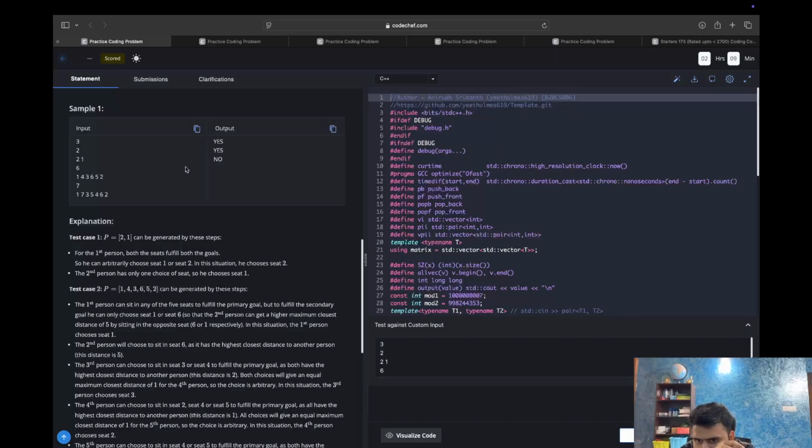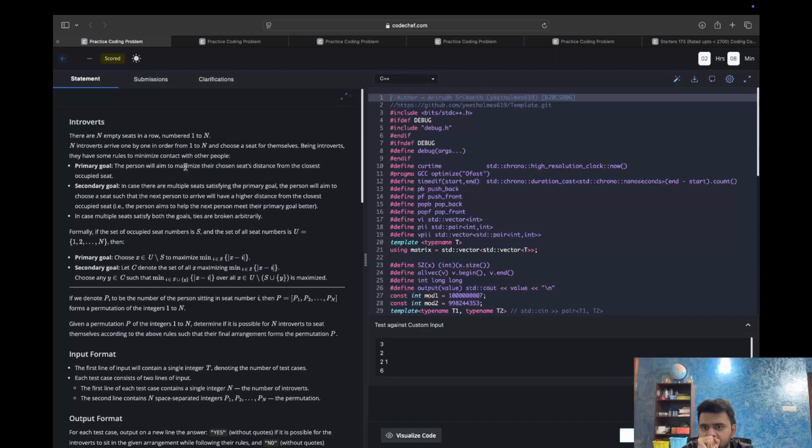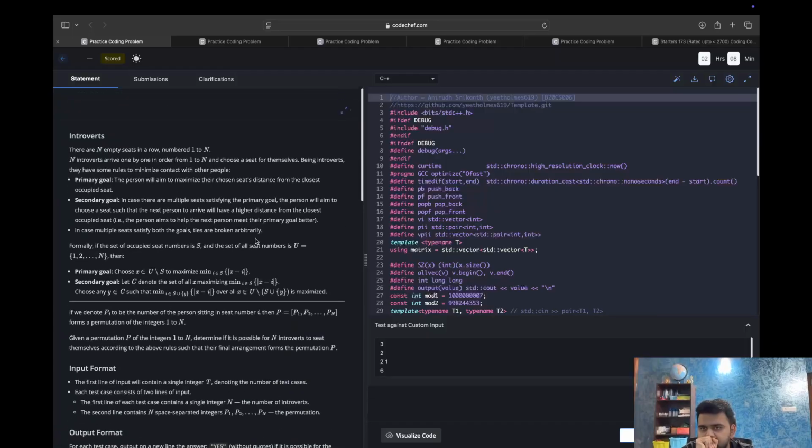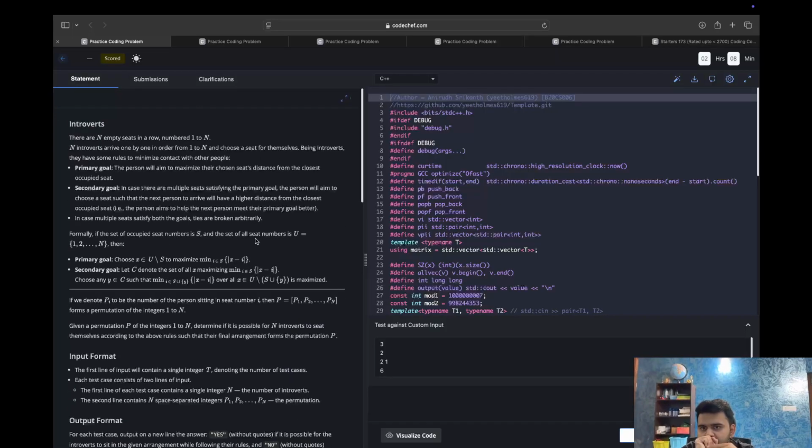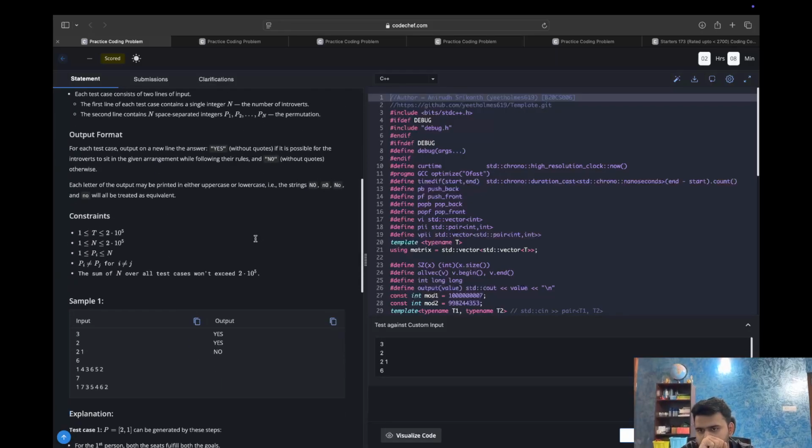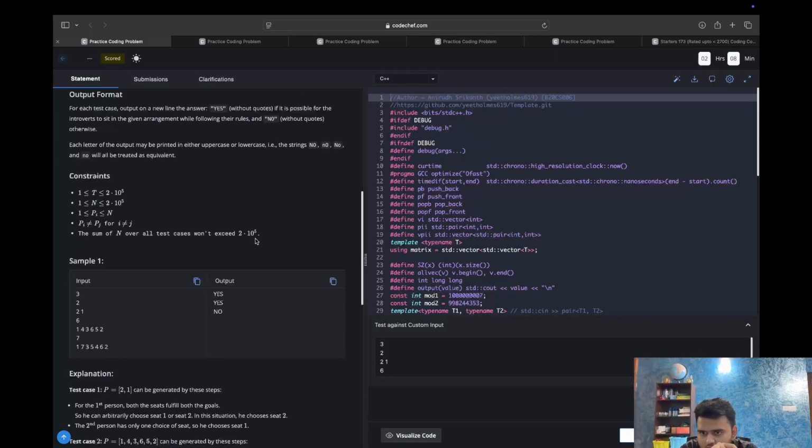I can sit in seat 3 or seat 4 to fulfill the primary goal, as both have the highest closest distance to another person. Distance is 2. Okay, I have to maximize the closest distance, not the highest distance. Okay. Maximize closest distance.